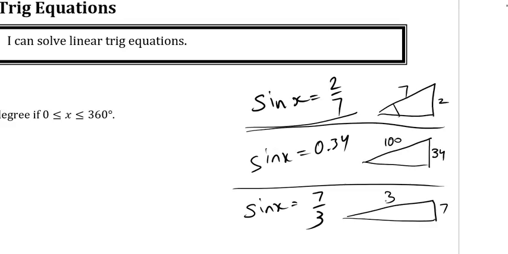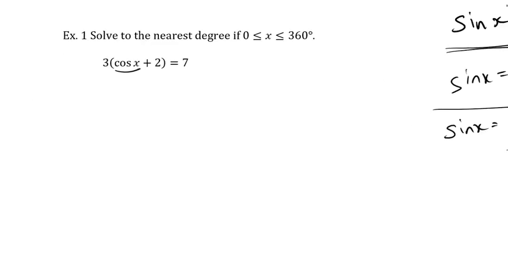So when you get sine x equals this, and then you do shift sine of 2 over 7 to find the value of x, what are you finding? Remember that it's a ratio that relates to the angle, and think about what it is you're actually doing there, because I think people get lost in that part of it.